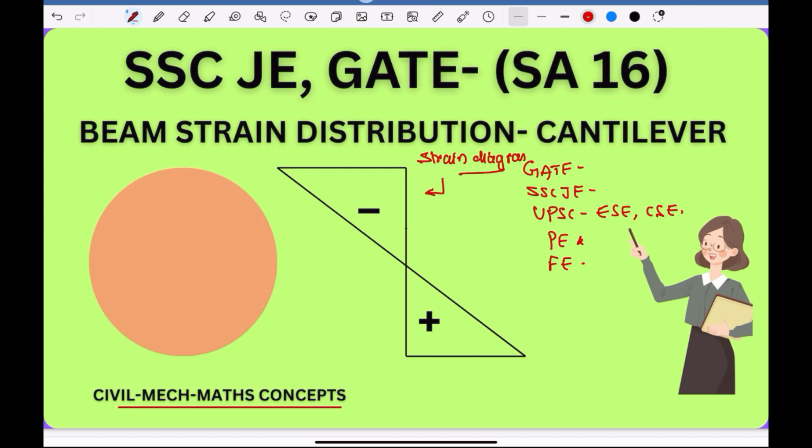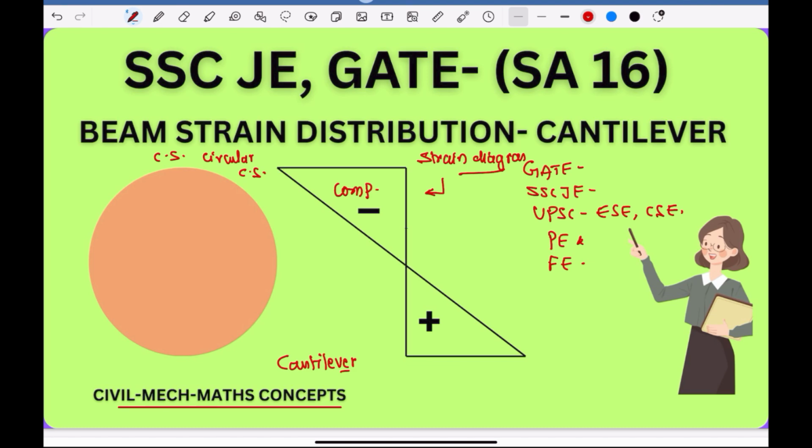This is the cross sectional area. The beam is given as a circular cross section beam, and it is a cantilever. The strain diagram is this. On the top it is subjected to compression, minus is compression.